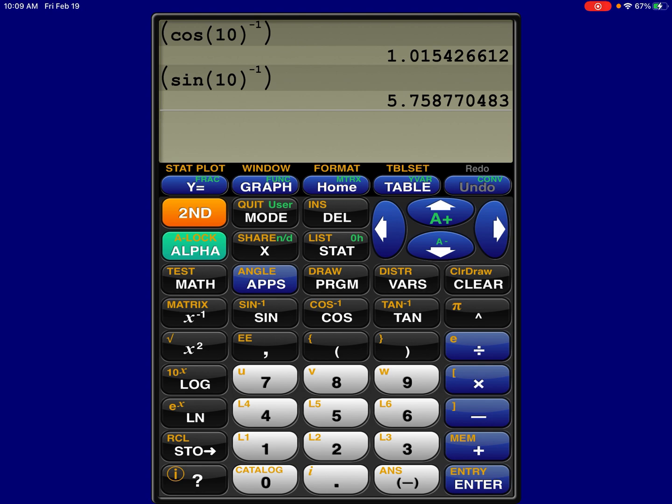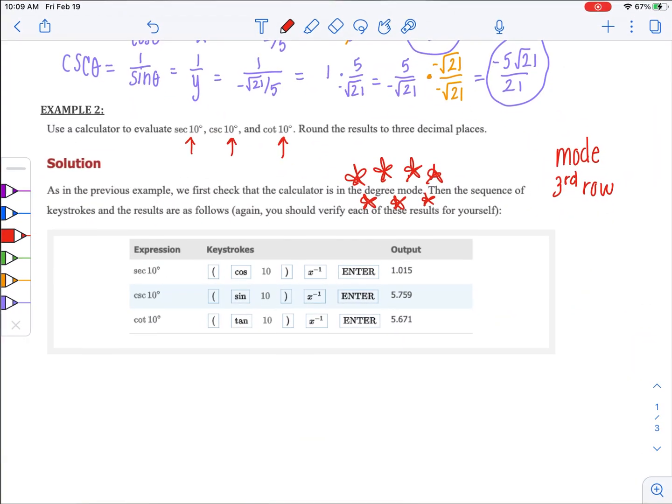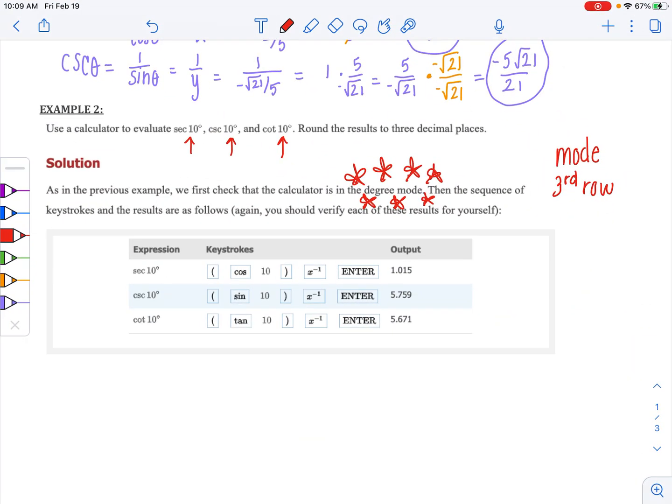If you are not getting this, that means you're in the wrong mode. Make sure you check your mode. Use your calculator for any values that are just too hard. We will be very clear when you can and cannot use the calculator, so don't think it's the end-all catch-all, but we will use it for values that are just kind of nuts, okay?